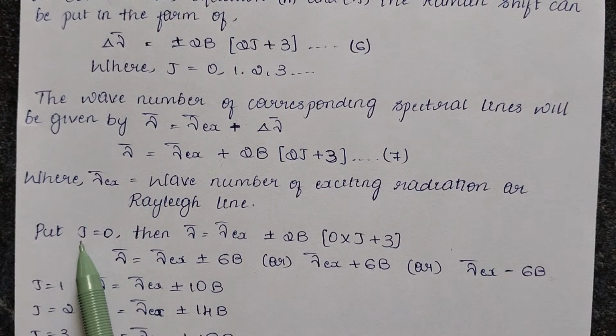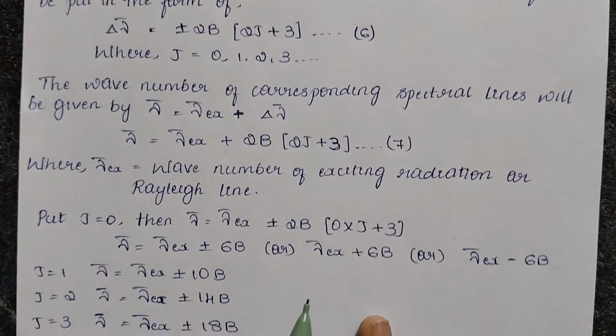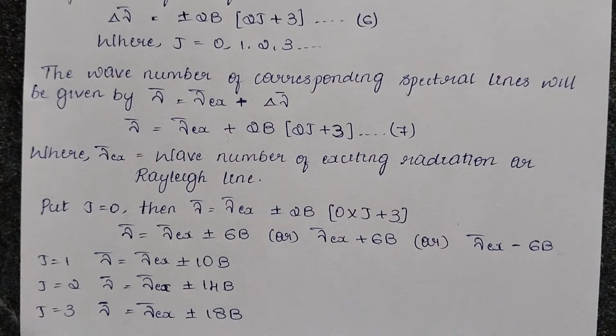This is when J value is equal to 0. And similarly, when the value of J is 1, 2, 3, then the value of mu bar will be mu bar external or excited radiation plus or minus 10B, plus or minus 14B, plus or minus 18B respectively.